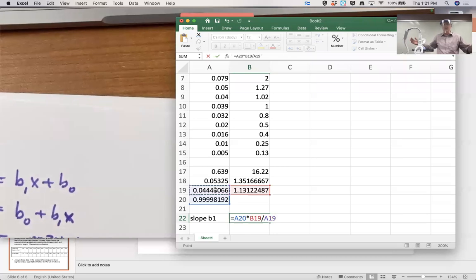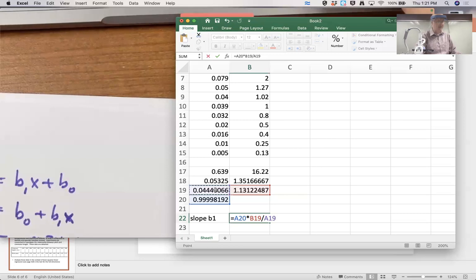What's this supposed to be close to? What was it? 25 something? This should be 25.4482, which is what we got with the calculator. 25.4482, here we come. Yep.